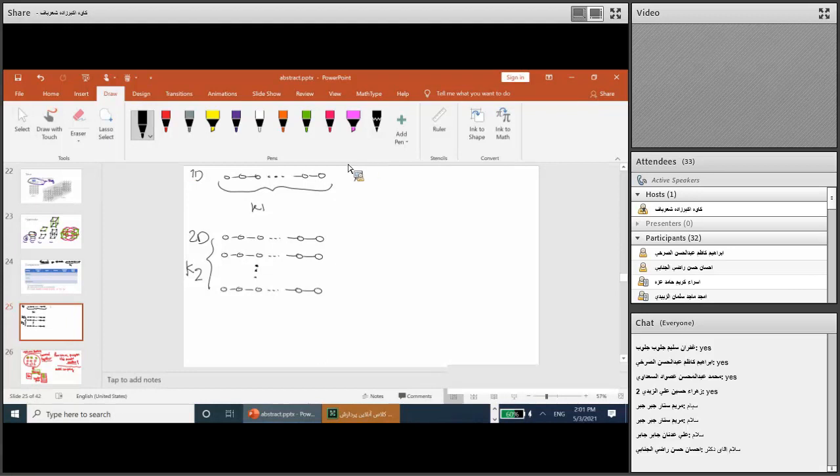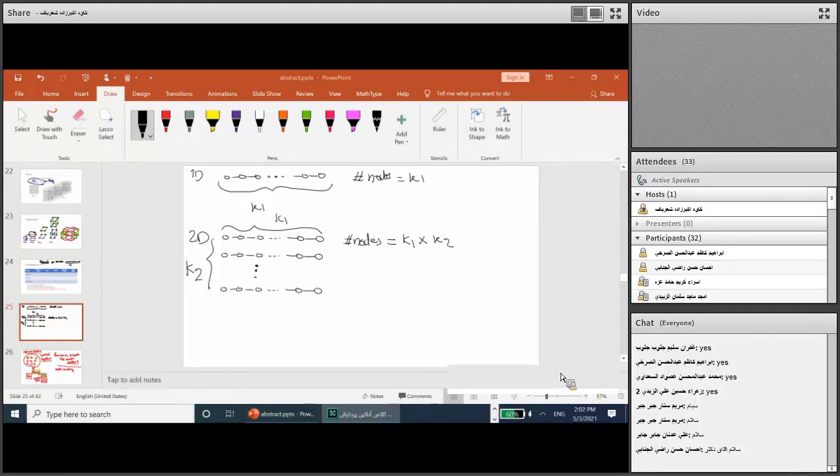Therefore, the number of nodes in the 1D case is K1. The number of nodes in 2D is K1 multiplied by K2. The number of nodes in the 1D case is K1 and in the 2D case is K1 times K2.